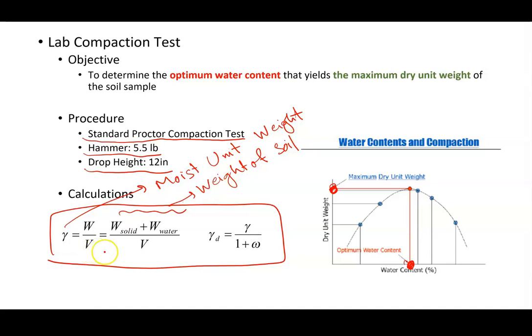This is weight of compacted soil, and this is volume of compacted soil. And then using moist unit weight and water content, we can actually calculate dry unit weight of soil.